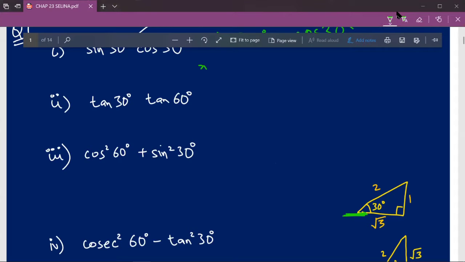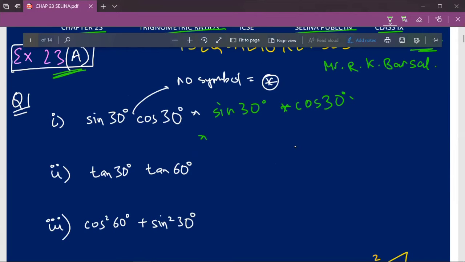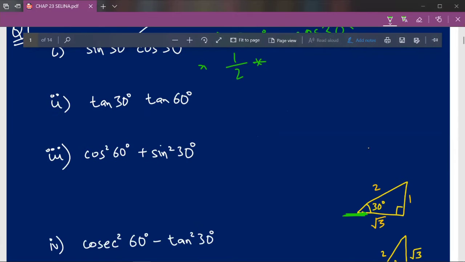Now sine 30 degree here is with respect to angle 30 degree and it should be towards the ground. Sine 30 degree basically means find perpendicular upon hypotenuse with respect to angle 30 degree, which will be 1 upon 2. So our sine 30 degree will be 1 upon 2 into cos 30 degree. Now for 30 degree also there's the same magic triangle which we are going to refer. 30 degree should be towards the ground, and with respect to angle 30 degree we are to find base upon hypotenuse, which is the formula for cos theta.